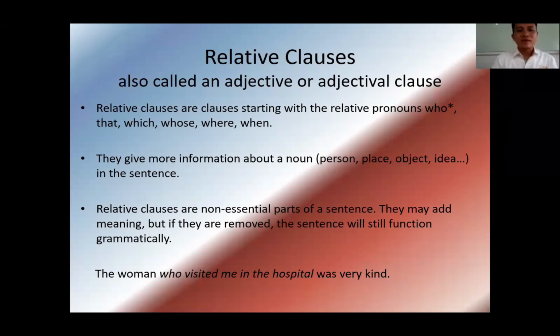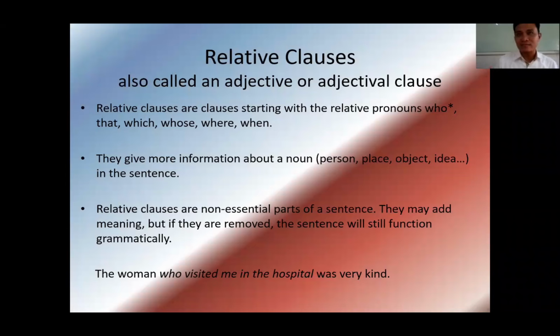So again, relative clause is a non-essential part. When you use a relative clause, it will add meaning and give some more information. How about if you remove that? The sentence will still function grammatically. The sentence is still okay, but people might still be wondering what you mean.